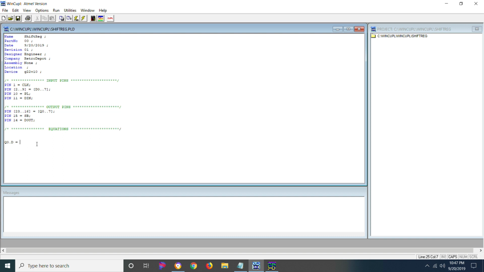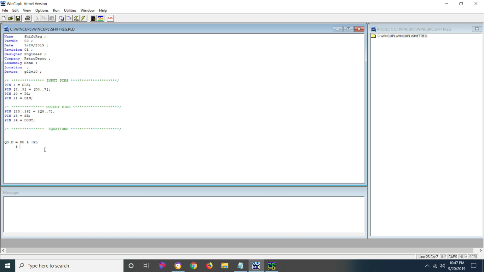So let's do D0 and PL is low. But what other times might it be high? Well, this is where you have to actually think about the logic behind what's going on. So if we come here and we add an OR, when else would we want it to go high? Of course, this is assuming our clock is going to trigger it during this state.